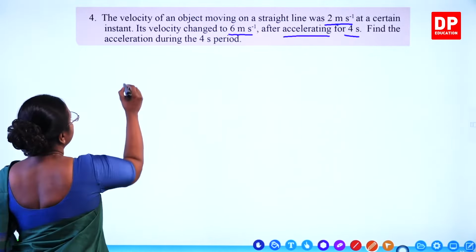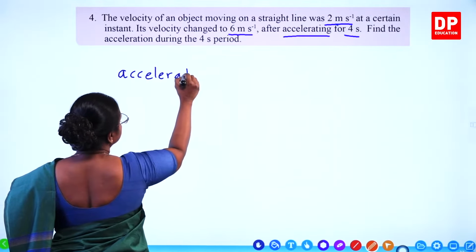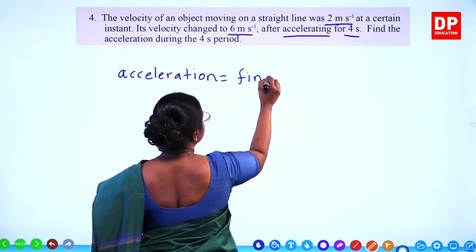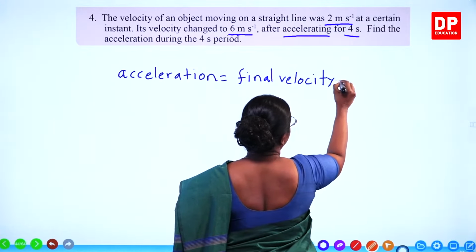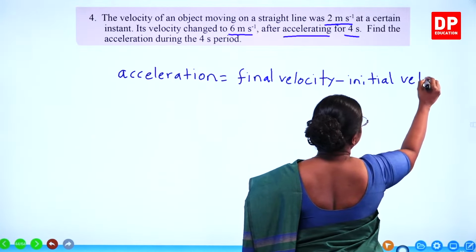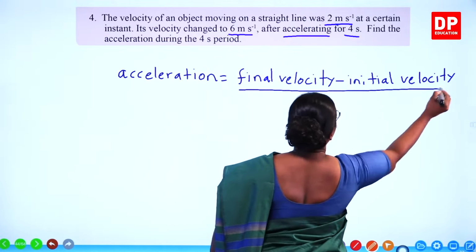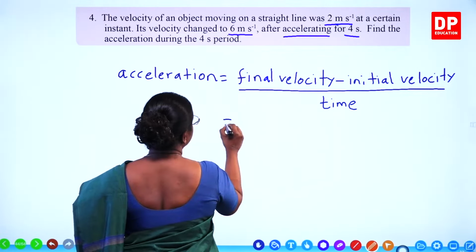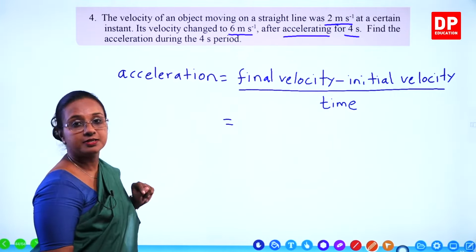So here, if we use the equation for acceleration, final velocity minus initial velocity divided by time. So here we know final velocity changed to 6 meters per second.